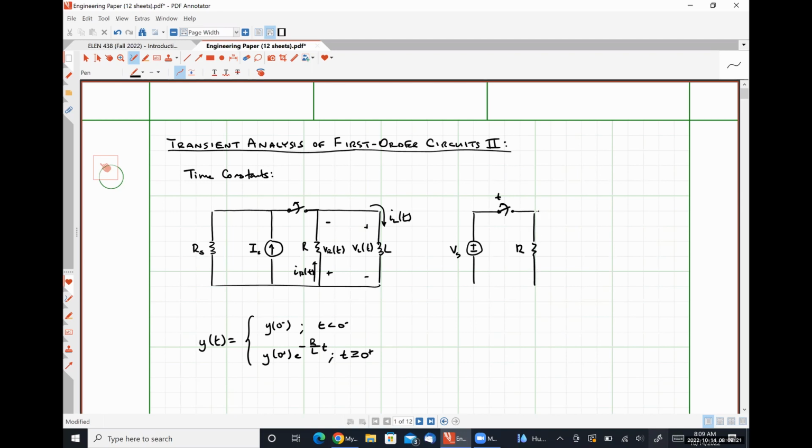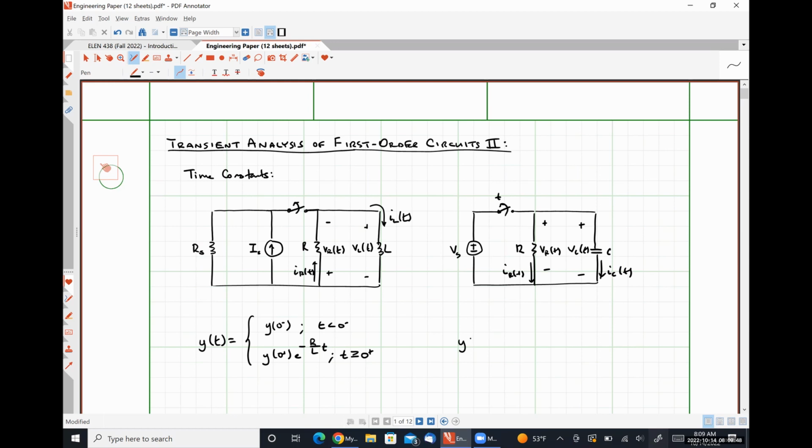And then some resistor and capacitor like so. So here we would have VC, here's VR, here's IR, here is IC.